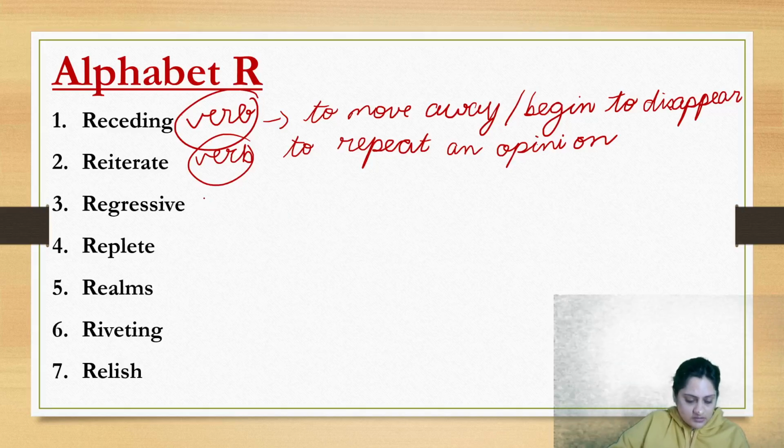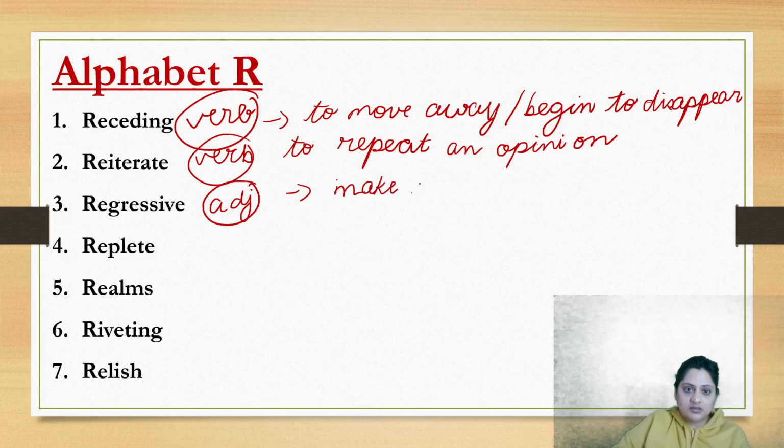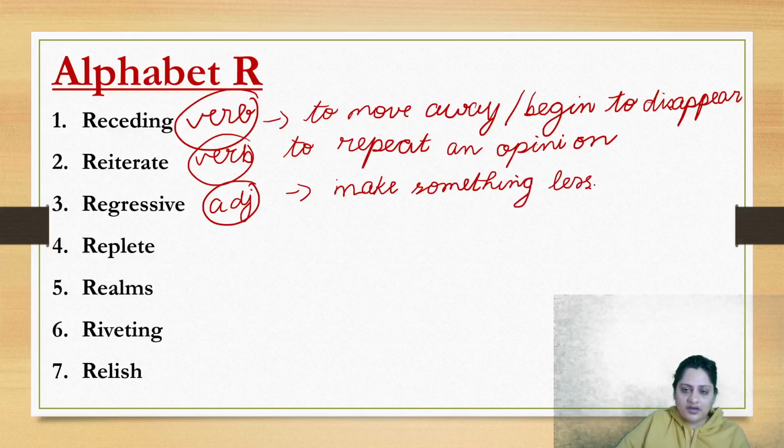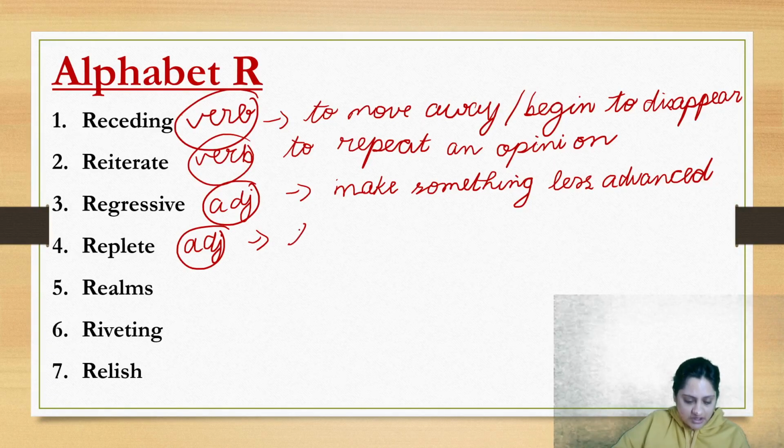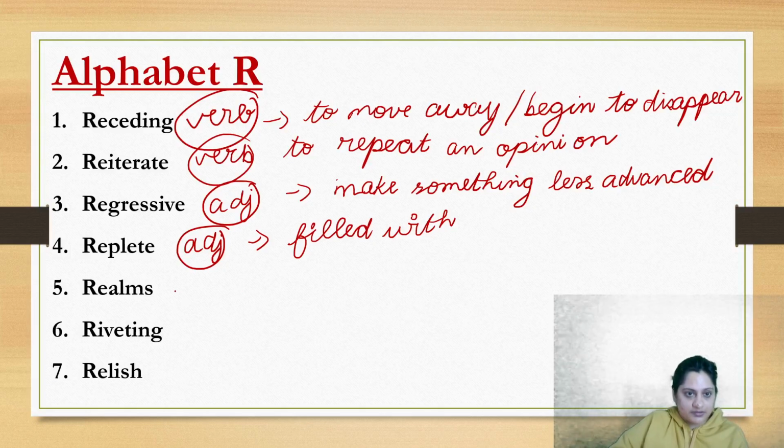Reiterate your viewpoint. Regressive policies, adjective. We say regressive policies, something which becomes or makes something less advanced. Replete with: we use this adjective with the preposition with, meaning filled with something, full of something.